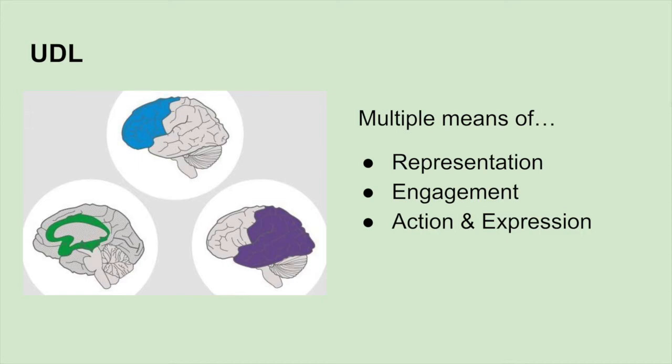When we use UDL, we should foreground disability, like Robert Mace originally intended in universal design. Finally, UDL principles apply way beyond what we're talking about in this presentation. It talks about teaching styles, class activities, and more, and we'll share some of these resources in the Google Drive.